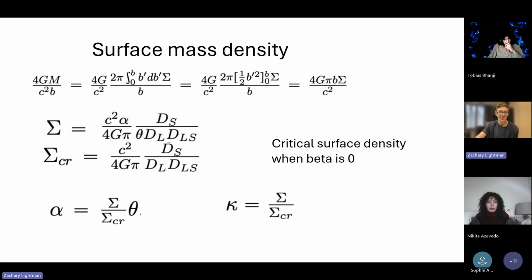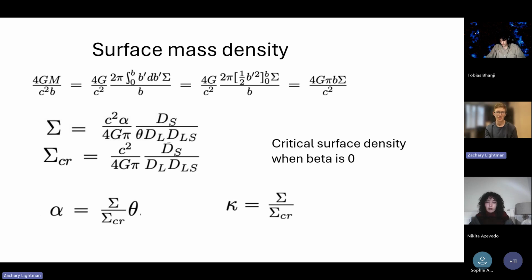And then if we plug that into the impact parameter and assume the mass is evenly distributed, we end up with this first equation. Sigma is the surface mass density. And then in the case where alpha equals theta, which is when beta equals 0, we have an Einstein ring, and we call this the critical surface mass density.